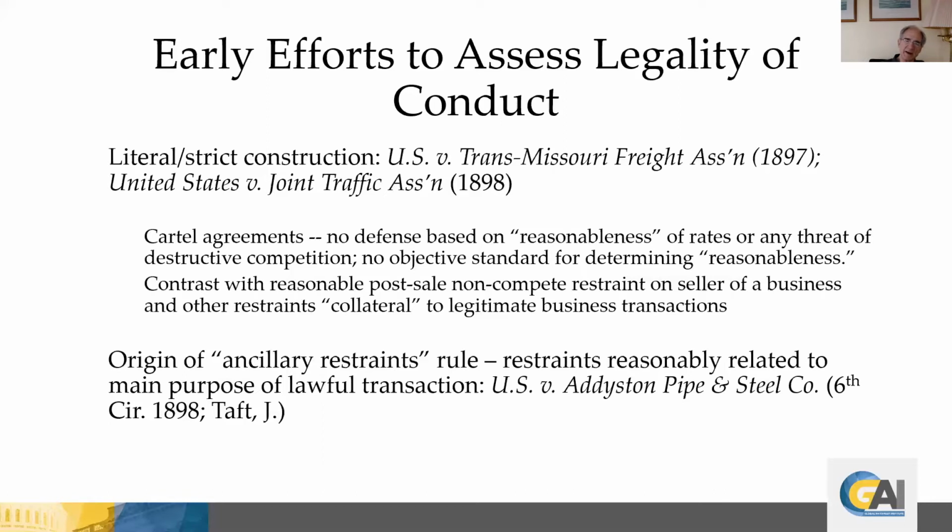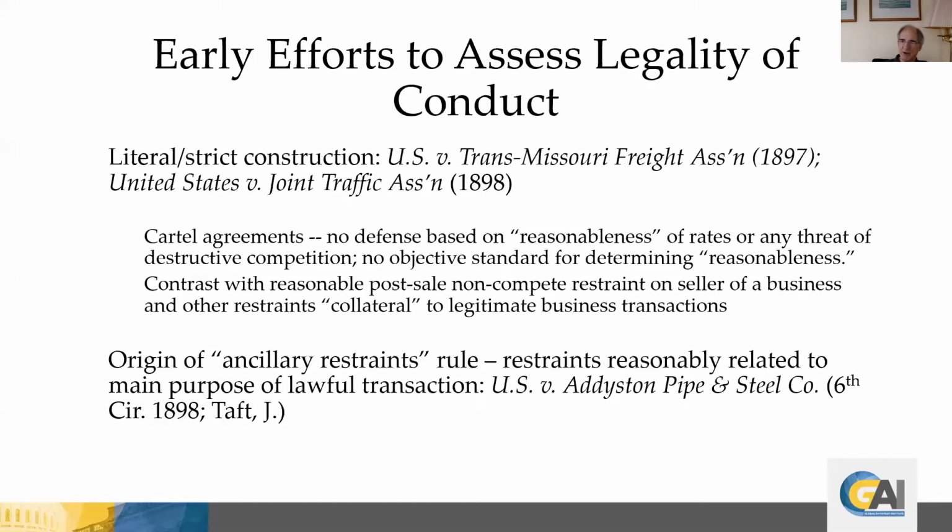But there was a growing understanding that some restraints might be tolerable based on some kind of reasonableness defense. And in fact, one of the leading sources of this point of view was a decision rendered by Judge Taft of the Sixth Circuit, later Chief Justice Taft, later also President Taft, in US versus Addyston Pipe and Steel.